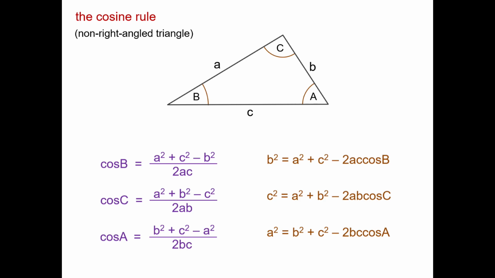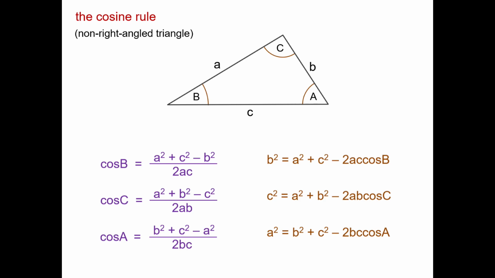The first thing we want to do is label the triangle. With our triangle, we already know one side and it's called A. If you haven't got any labels on your triangle, you can label them yourself, or if you have some labels, you can fill the rest in. It doesn't matter what side you call A, B or C, or what angle you call A, B or C. There is only one rule to follow, and that's that the lowercase letter has to be opposite the uppercase letter.